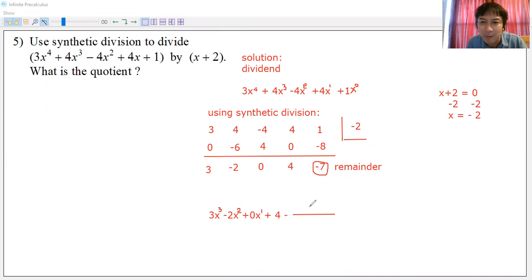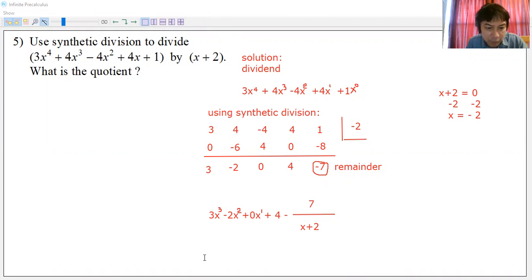Now we proceed with our fraction. This 7 is over here, and below this is the divisor, x plus 2. Of course, you can simplify this further.